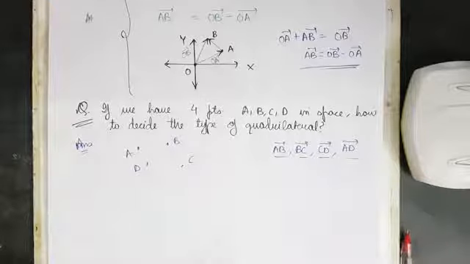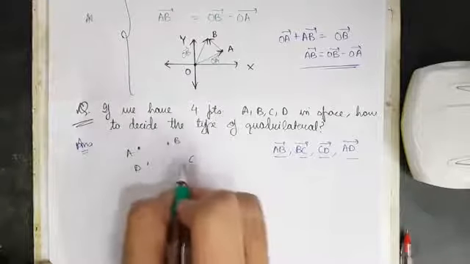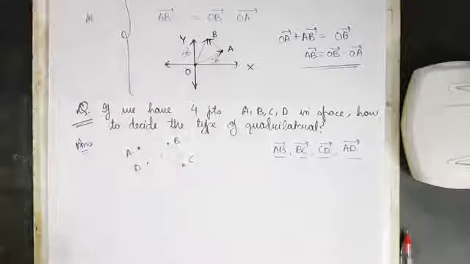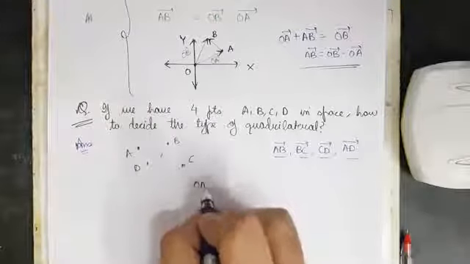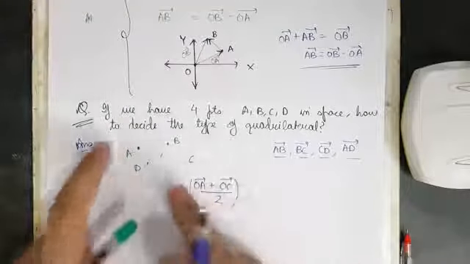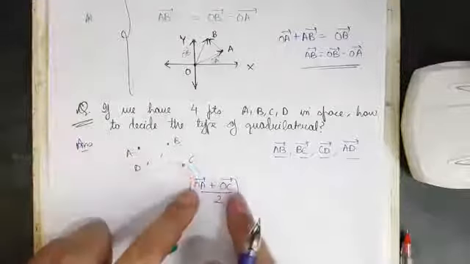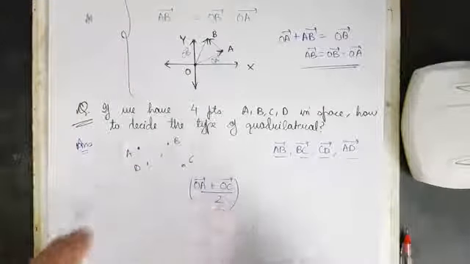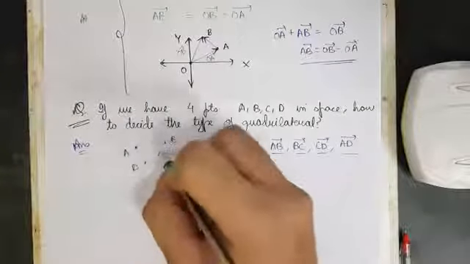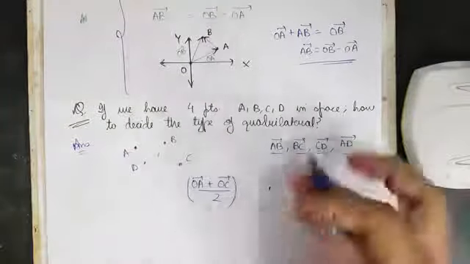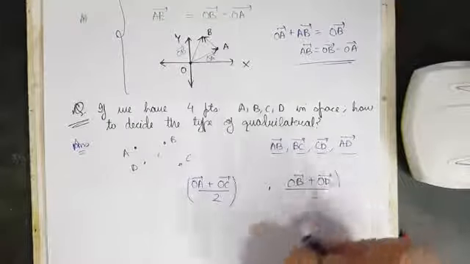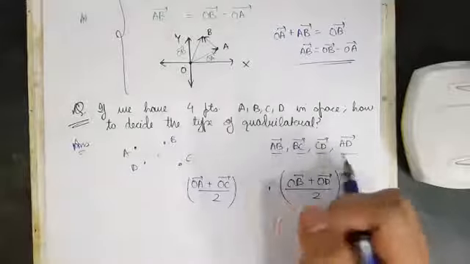Now find the midpoint of points A and C. The midpoint of A and C will be OA vector plus OC vector upon 2. And the midpoint of B and D will be OB vector plus OD vector by 2. This is basic coordinate geometry, that the midpoint is half of this.